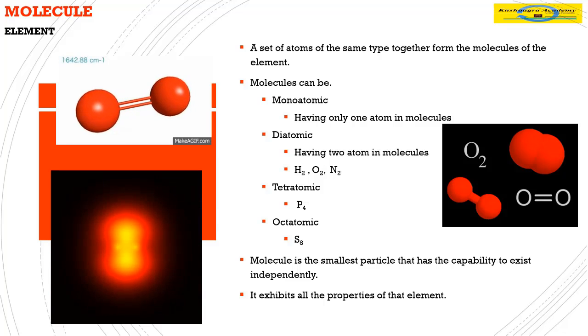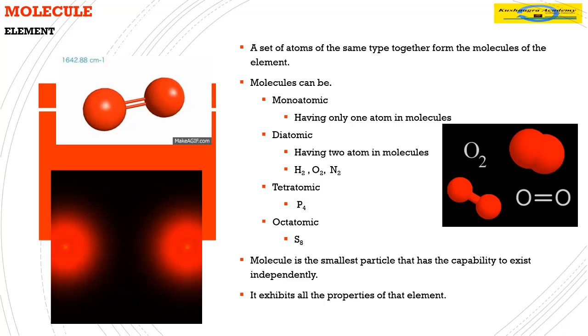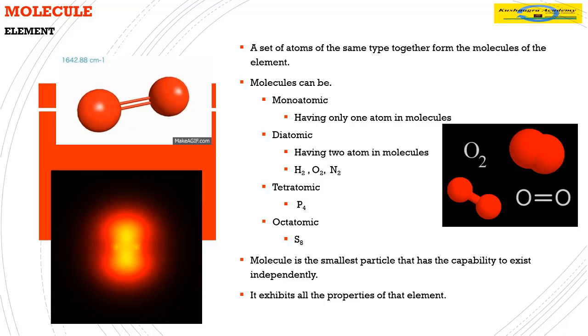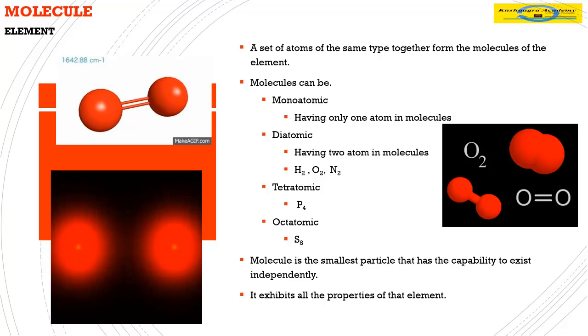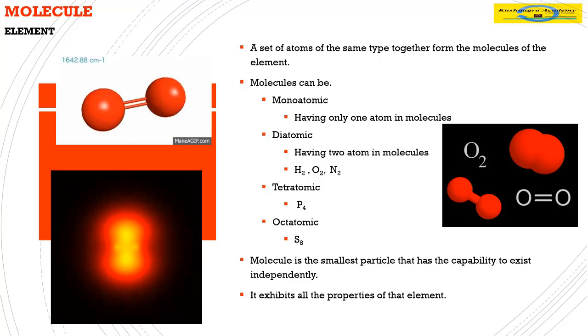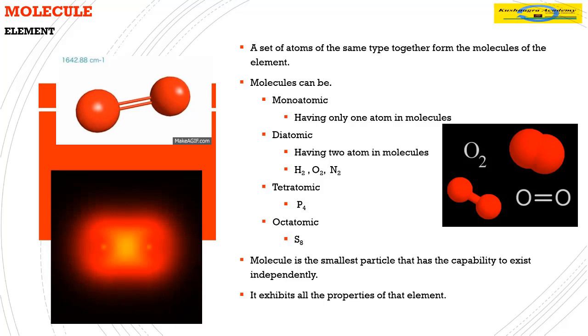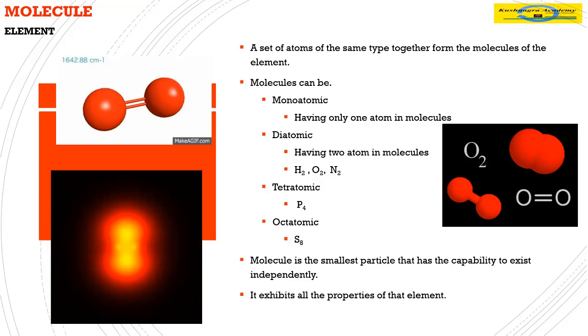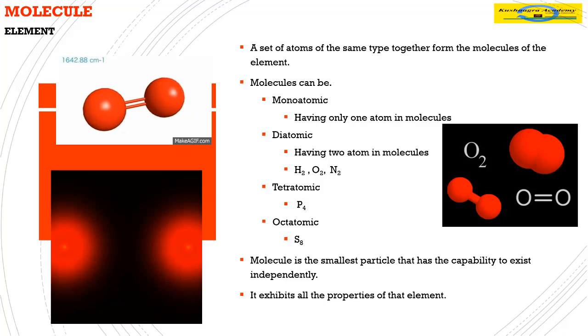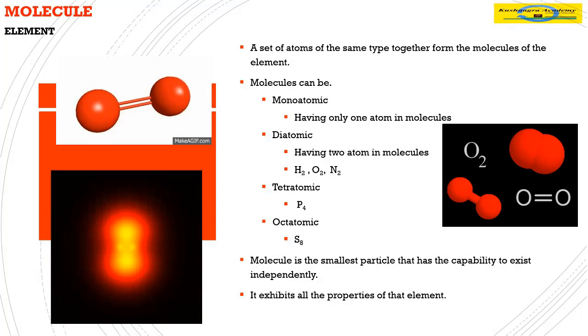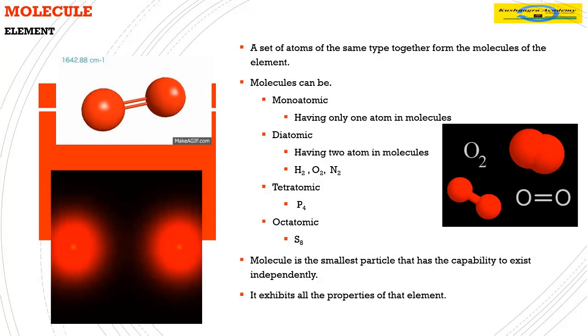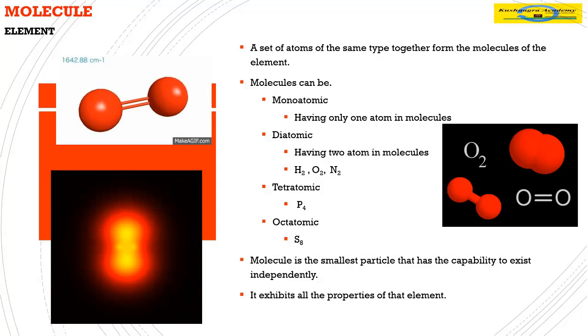So when a set of atoms combine together, they form molecules, and a molecule is also the smallest particle that has the capability to exist independently. It exhibits all the properties of that element. The basic difference between a molecule and an atom is that an atom may or may not exist independently, but molecules always exist independently.